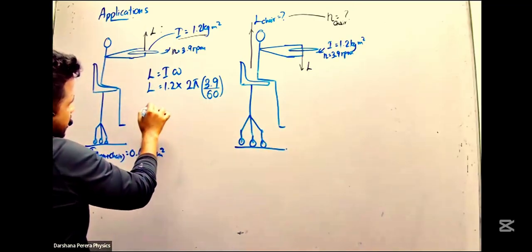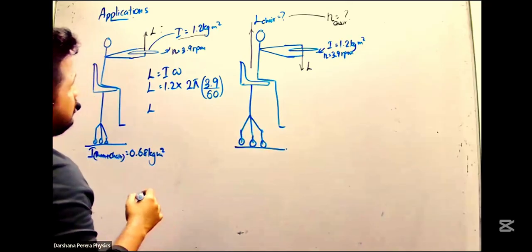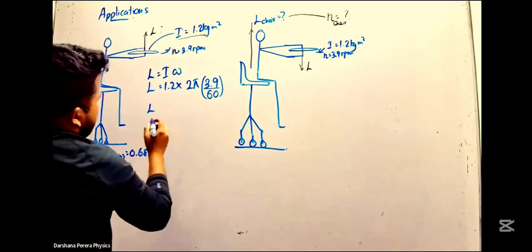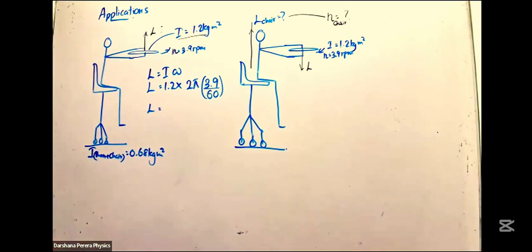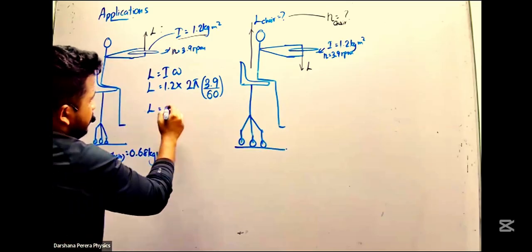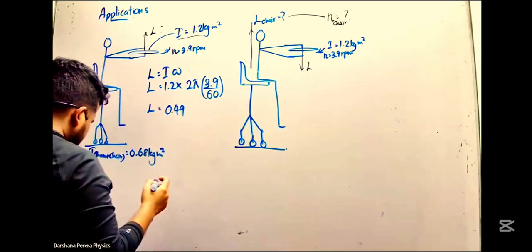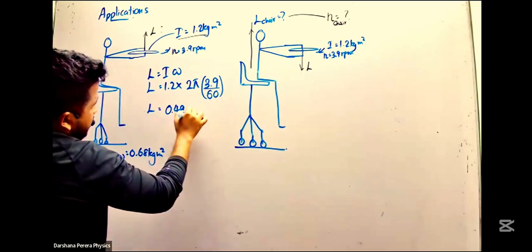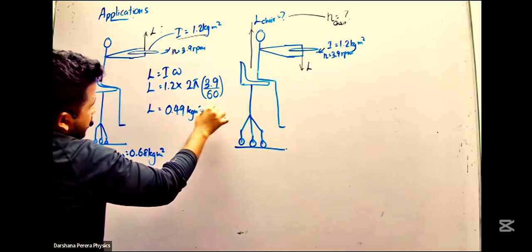This is the initial L. L equals 1.2 into 2 pi into n, which gives 0.49 kg m square rad s minus 1.